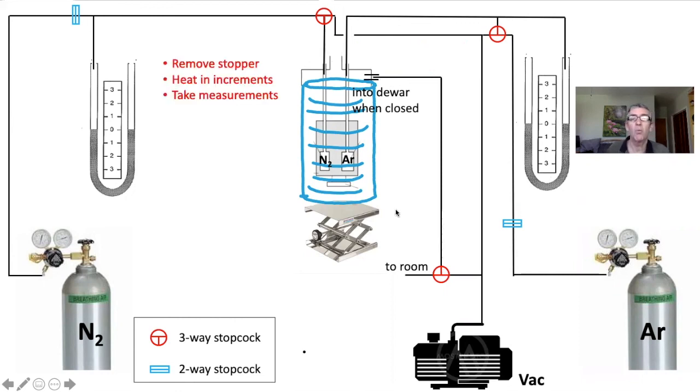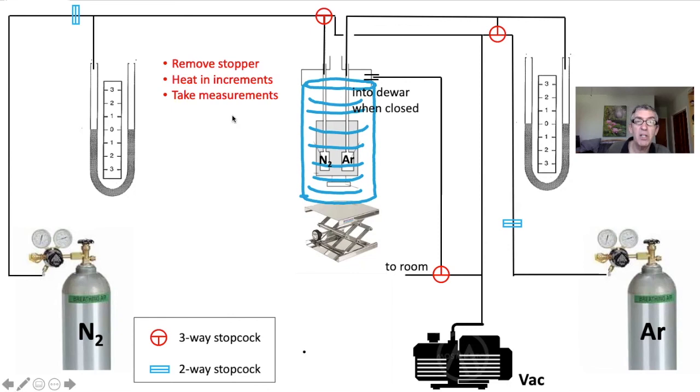Once the temperature has dropped as low as you can get, you won't know initially, since there's no pressures, so you'll be given some guidance. You'll get it down to about 65 Kelvin. Then that's as cold as you'll get. You'll remove the stopper, and you'll start taking your measurements.